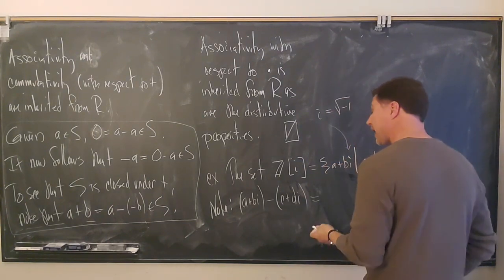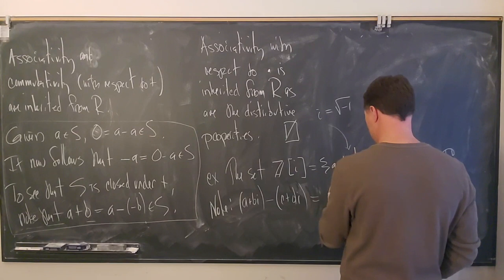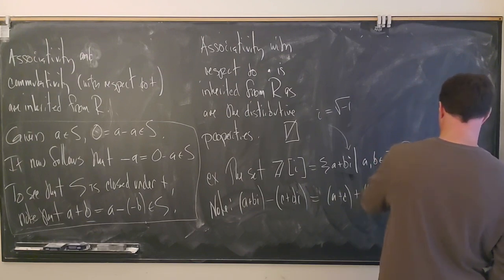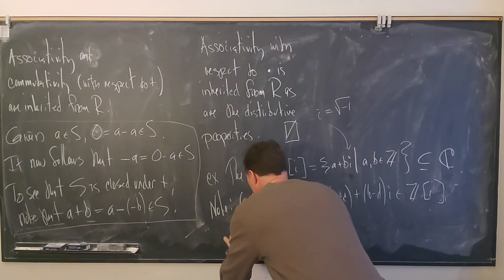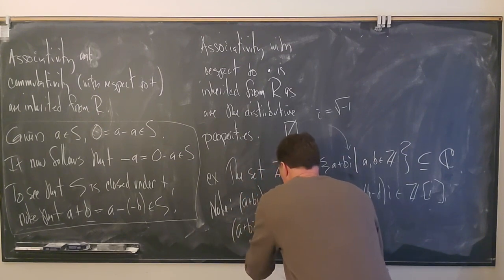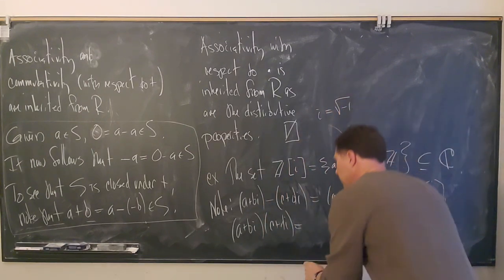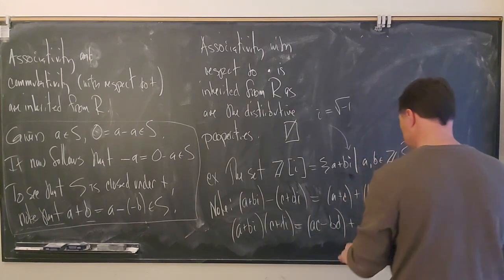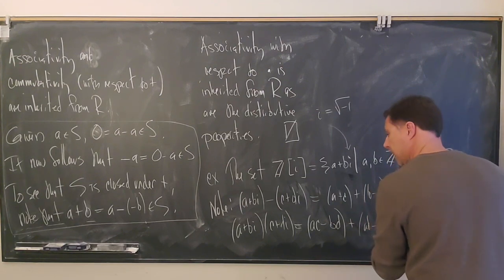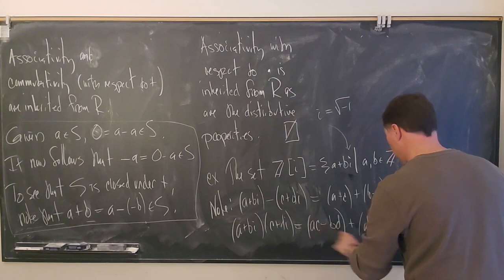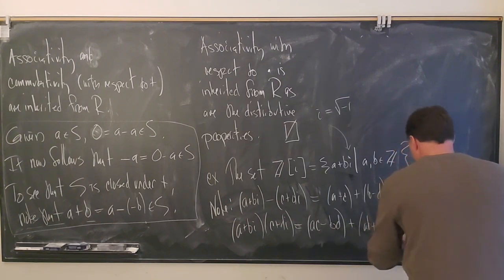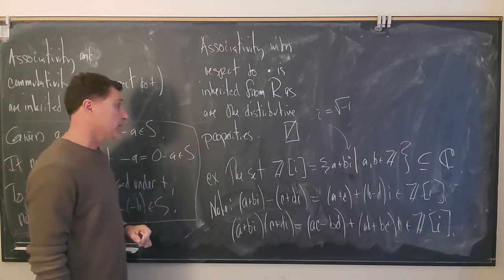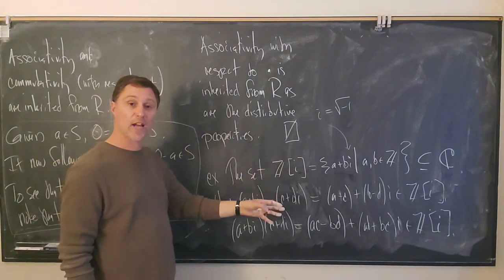Okay, so A plus BI minus C plus DI, that is A minus C plus B minus D times I. That's definitely in Z bracket I. And then if I multiply A plus BI times C plus DI, that's going to be AC minus BD plus AD plus BC times I, also in Z bracket I. So it's a non-empty set that is closed under subtraction and multiplication.